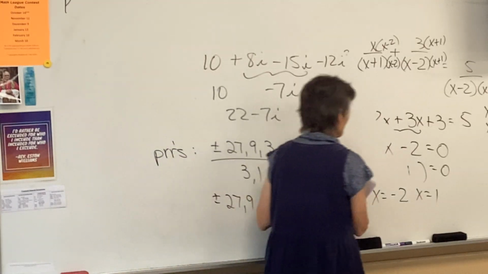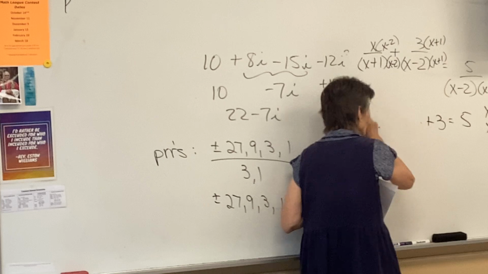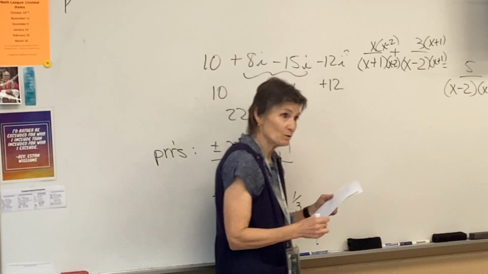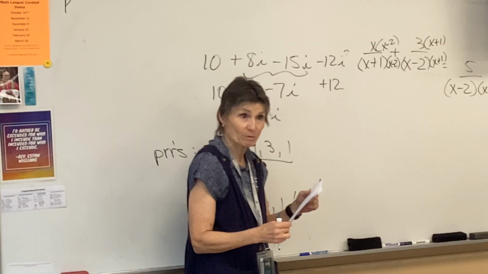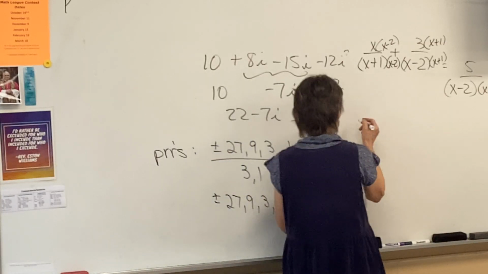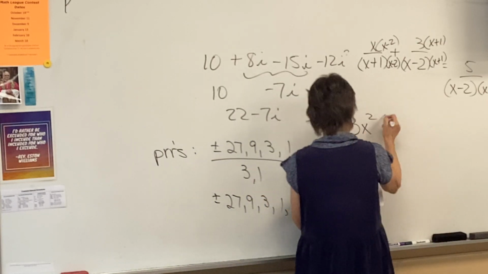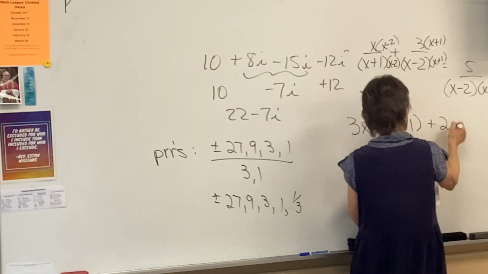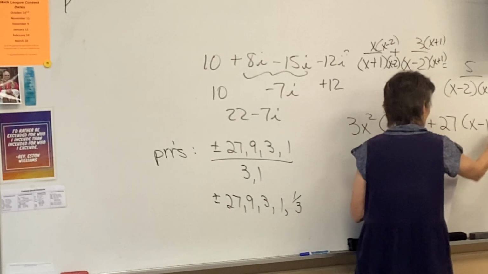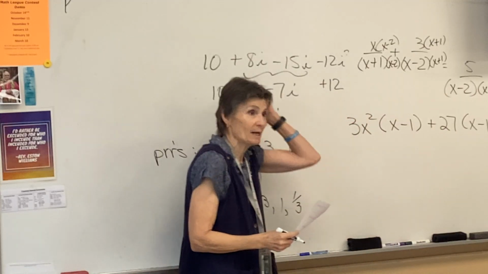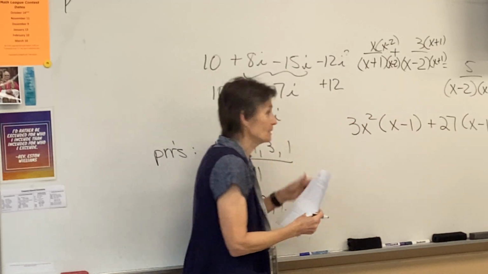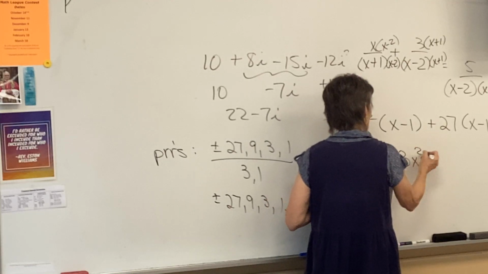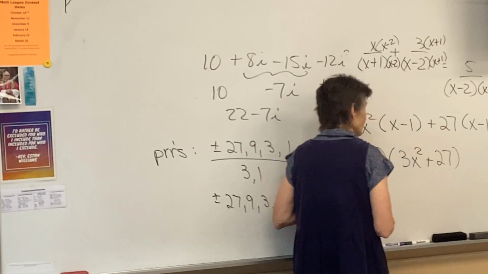This problem, though, does factor by grouping, so that would be another option for you if you noticed that it factors by grouping. So I could take out a 3x squared, and I would be left with x minus 1. I could take out a 27, and I'd be left with x minus 1. You see what I mean when I say it factors by grouping?